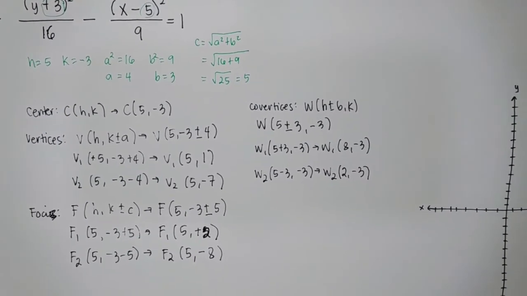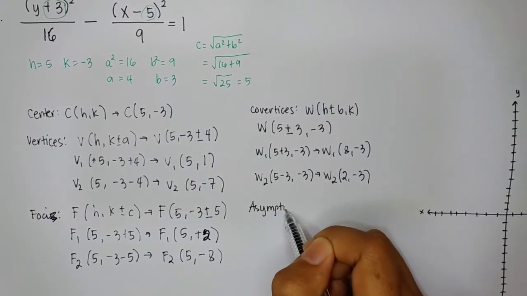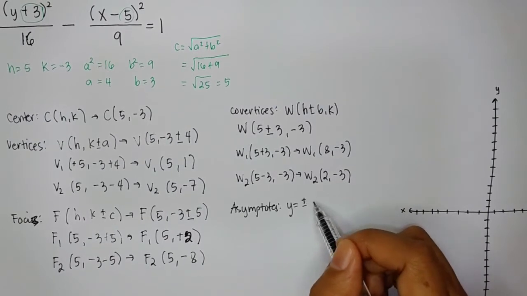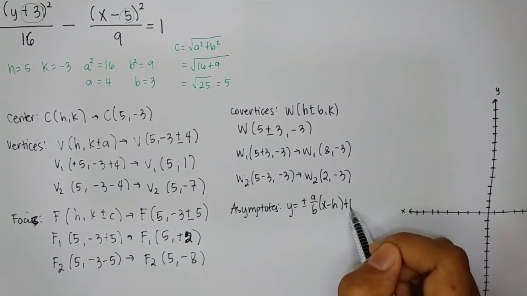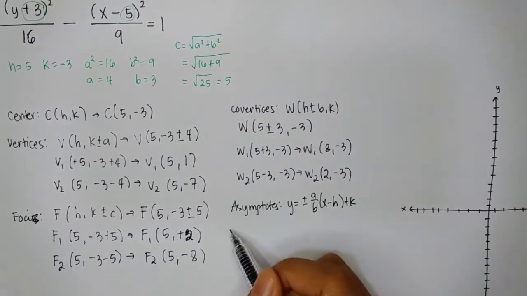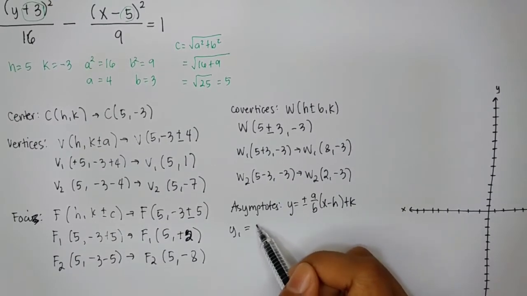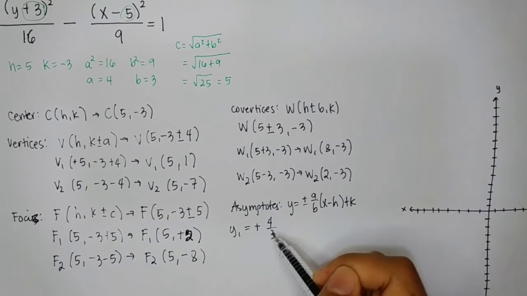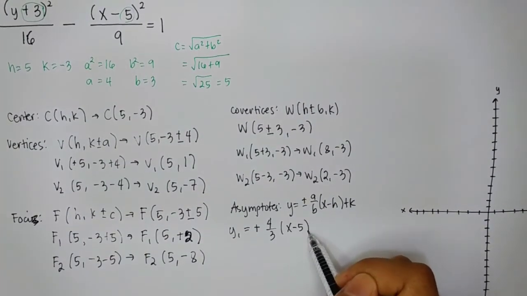Okay, what will be our asymptotes? Asymptotes natin, we have y is equal to plus minus a over b, times x minus h, plus k. So, we have here our y1, that is positive, ano yung a, 4 over 3, that is our b, then x minus 5.